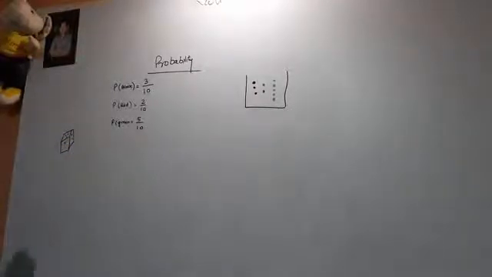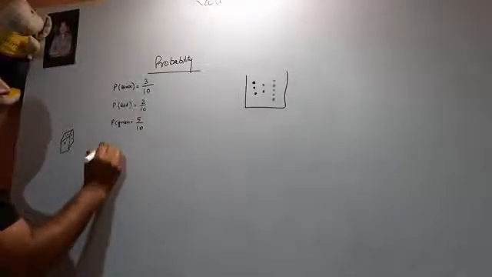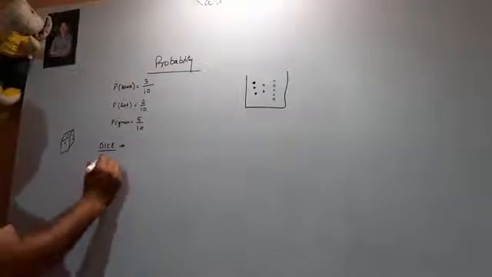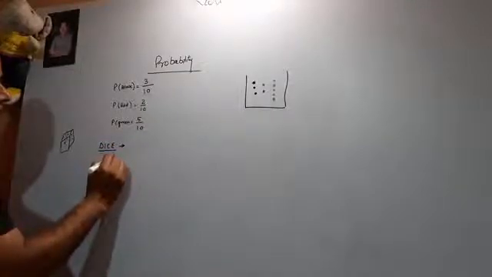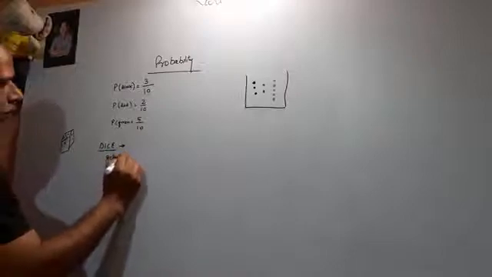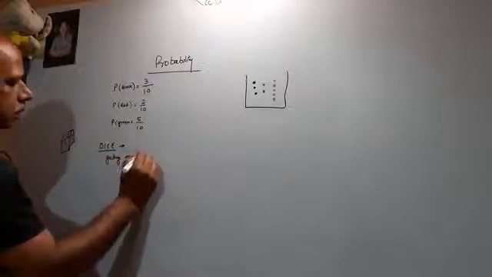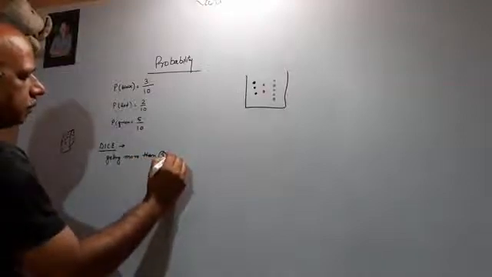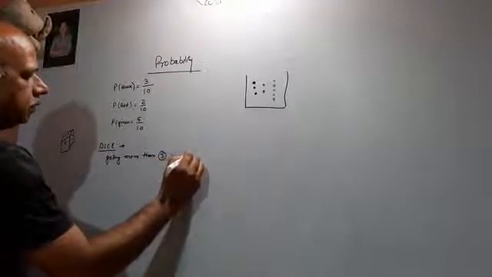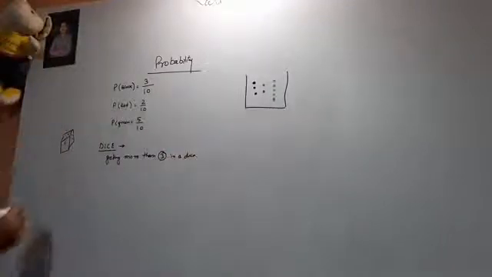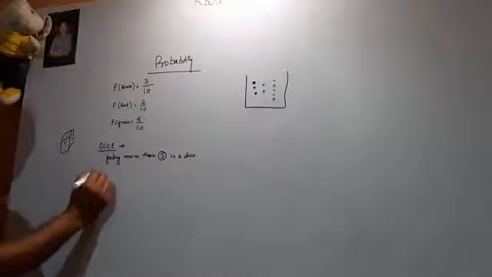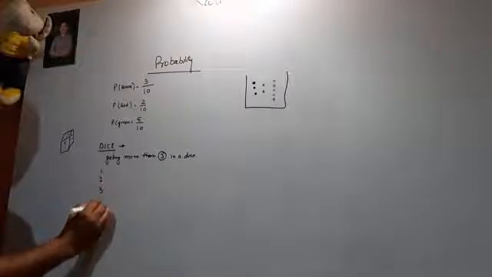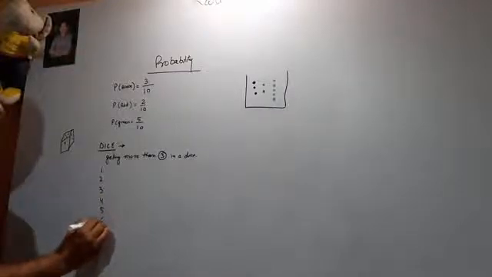So we can ask, what will be the probability of getting more than 3 in a dice? So what are the likely events? First list out the likely events. It can come 1, 2, 3, 4, 5, 6.